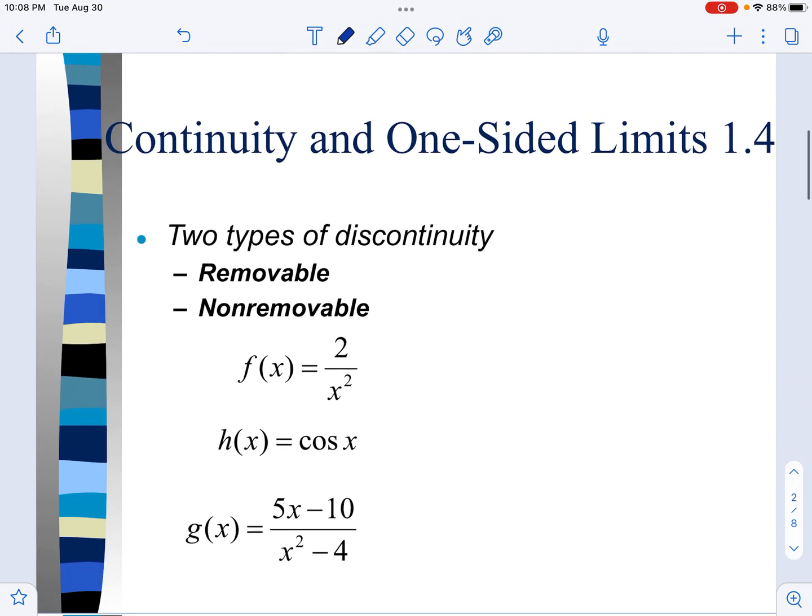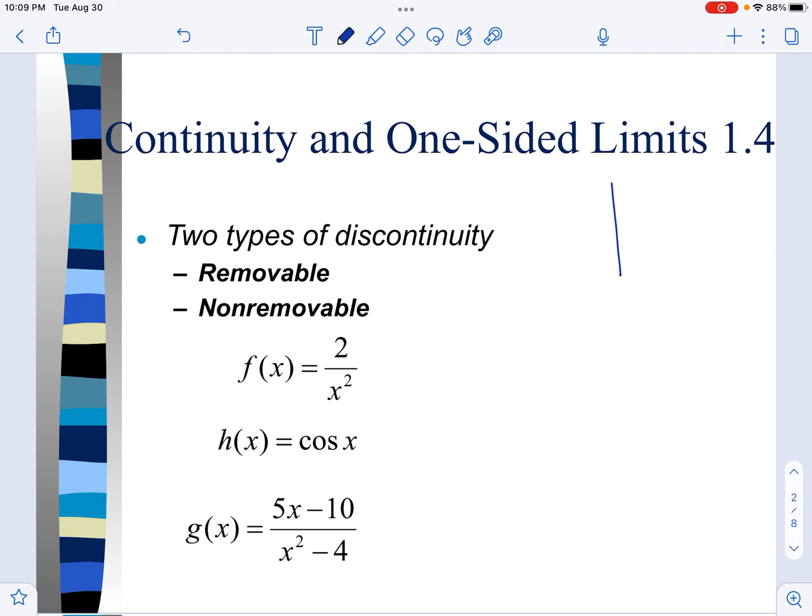We have two different types of discontinuities. Discontinuities are places where it's not continuous. We have what's called a removable discontinuity and a non-removable discontinuity. Removable means, I think of it as you can take it out.